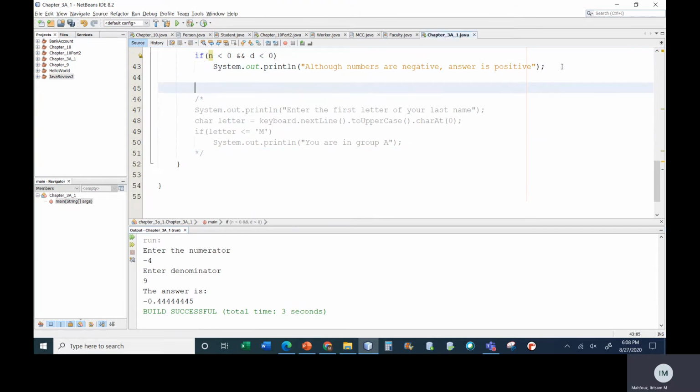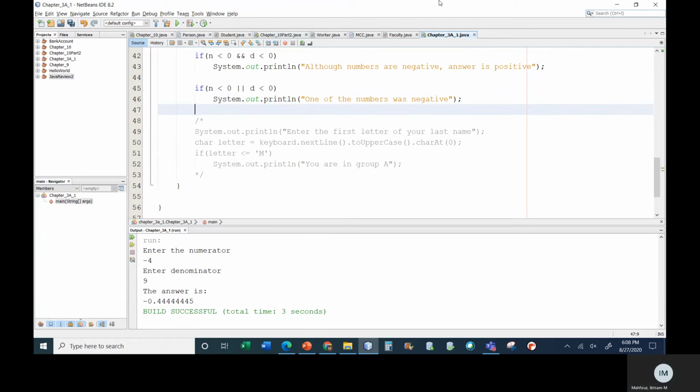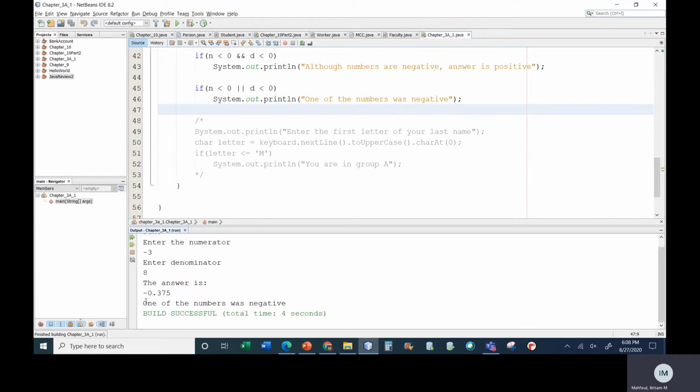Now let's write another one and say if n is less than 0 or d is less than 0, I'm going to say System.out.println, "one of the numbers was negative." Let's run it again, and let's put only one of them. If I make the numerator negative and the denominator positive, I get that message.